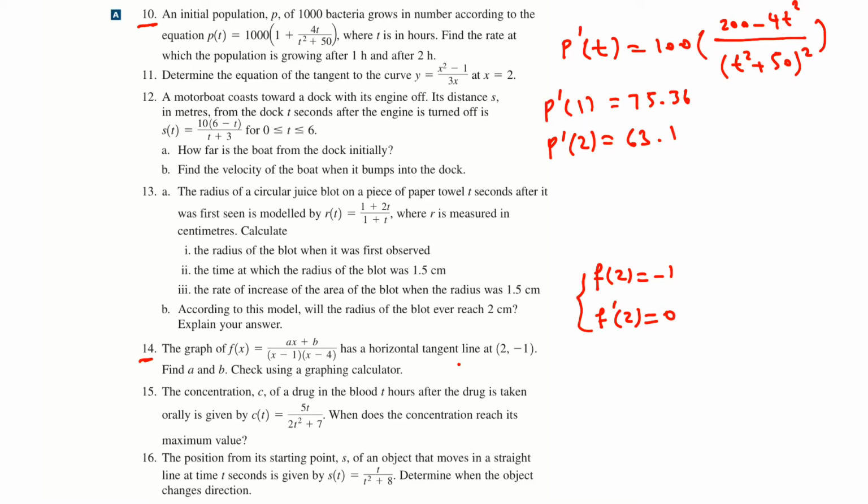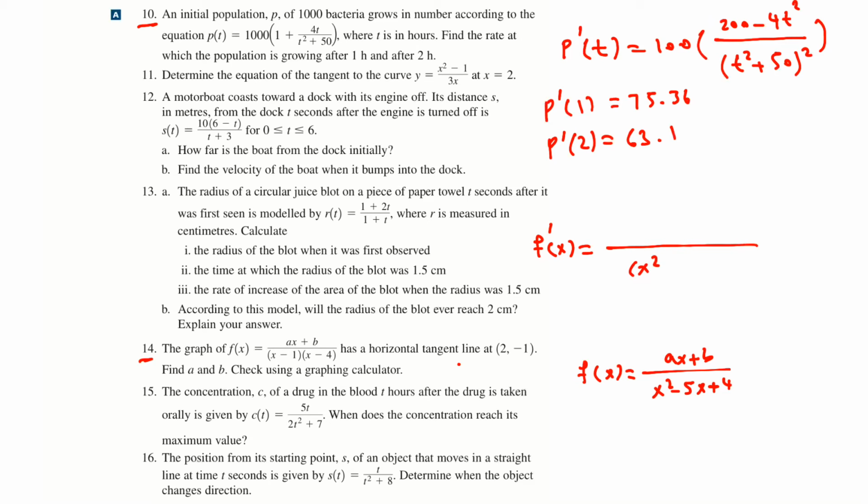The denominator of the function can be written as x squared minus 5x plus 4. Therefore, the function is ax plus b divided by x squared minus 5x plus 4. We use quotient rule and we find the derivative. Derivative of numerator is a times denominator itself minus derivative of the denominator, which is 2x minus 5, times numerator.